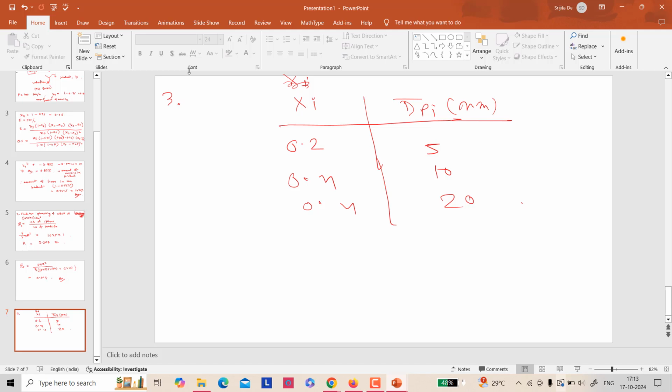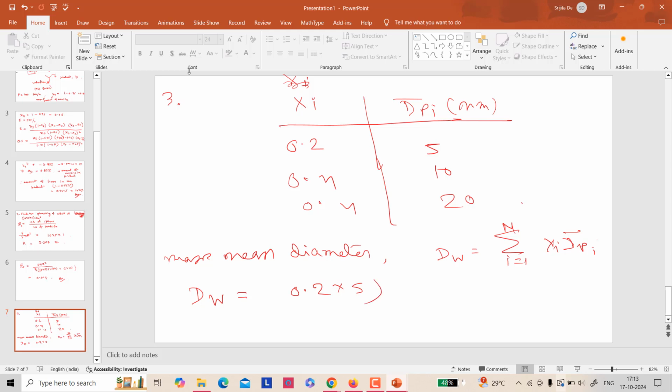The expression you know: dW equals the summation from i equals 1 to n of xi times dpi, right? That means you multiply each and add everything.